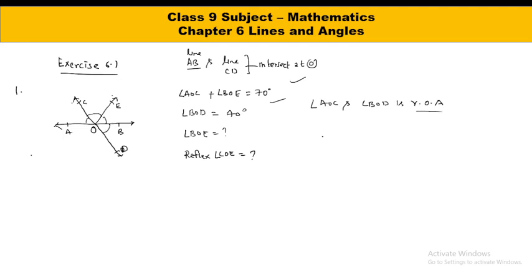When two lines intersect at a point O, whatever angles they form are vertically opposite angles.